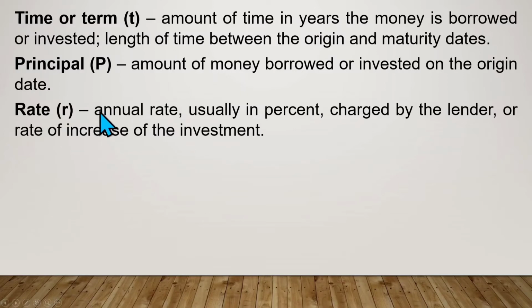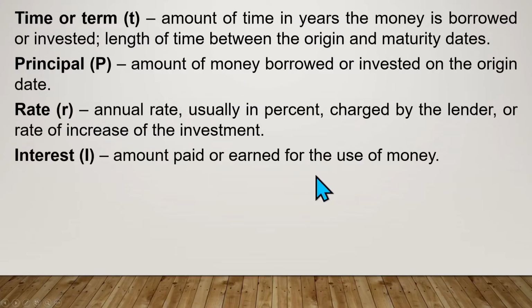That's why the rate is also computed annually. Next, we have the interest. The interest is the amount paid or earned for the use of money. This is computed by multiplying the rate, the principal, and the time.